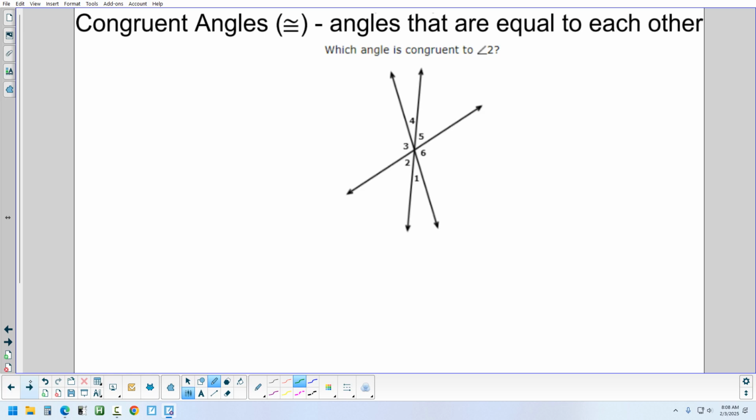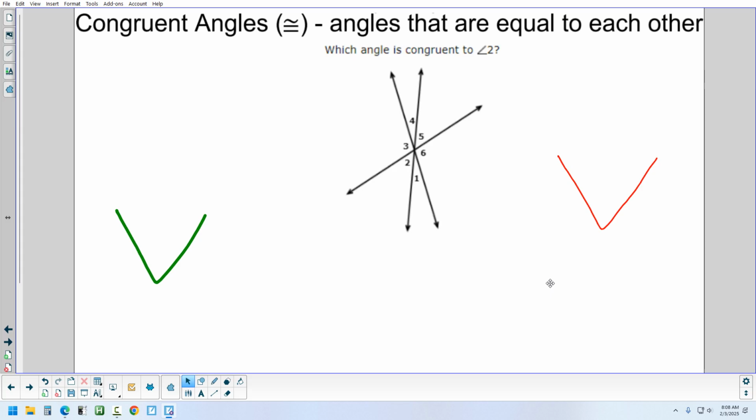Okay, congruent. Congruent just means that they are the same. It doesn't have anything to do necessarily with where they're placed. If I drew that, and then I drew that, even though those two angles are nowhere near each other, they are congruent because they are exactly the same.